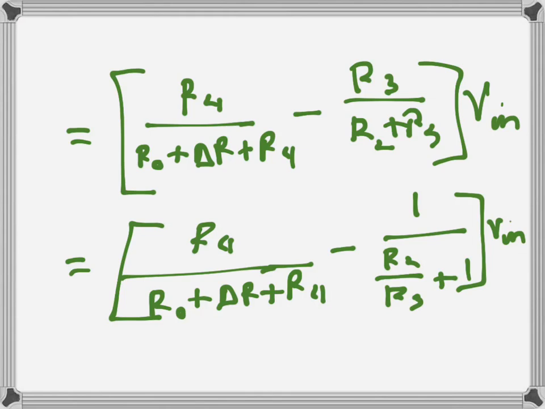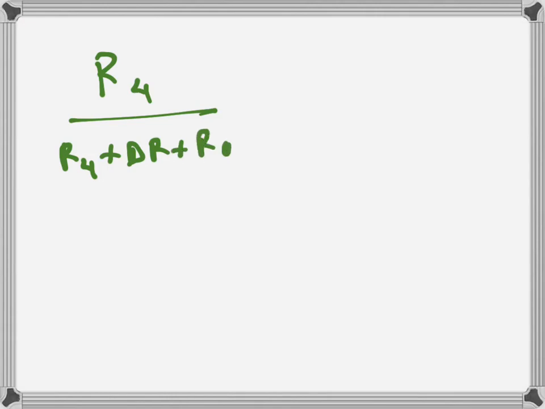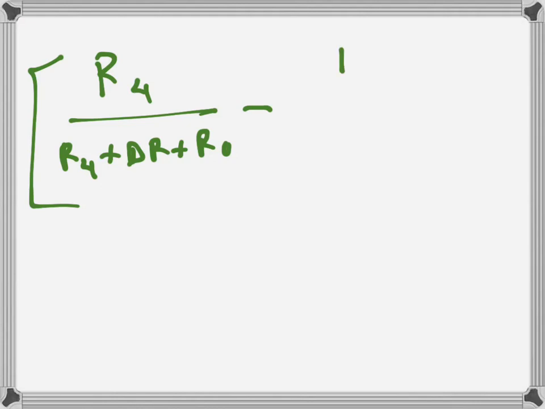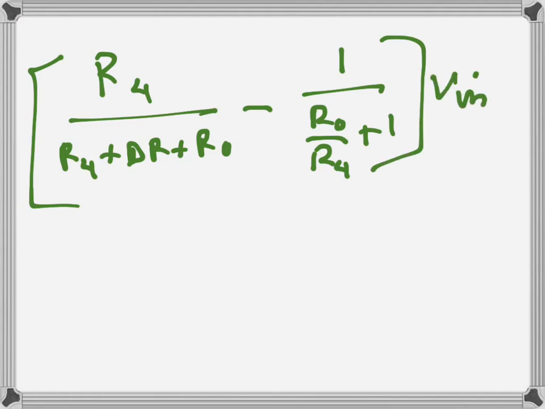So this thing we can now rewrite as R0 over R4. That's what I will do. R4 over R0 plus del R plus R4, minus 1 over R0 over R4 plus 1, and then V in.